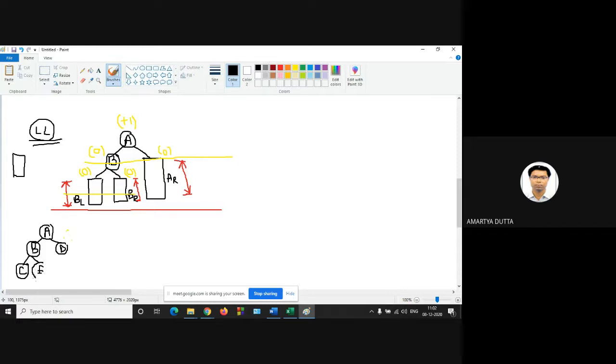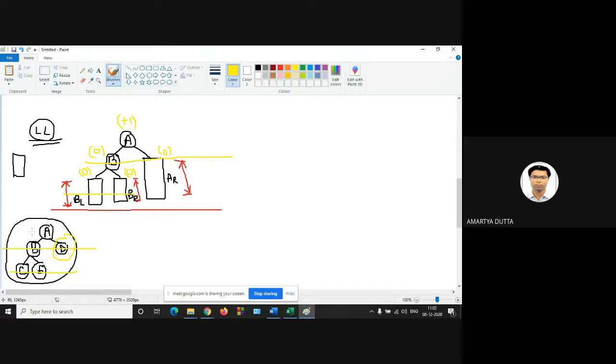Is it clear to you? Yes, sir. This is a binary search tree. The binary search tree properties are satisfied at every node. Here D is your AR. Now B and D lie in the same range, and C and E lie in the same range, same height.